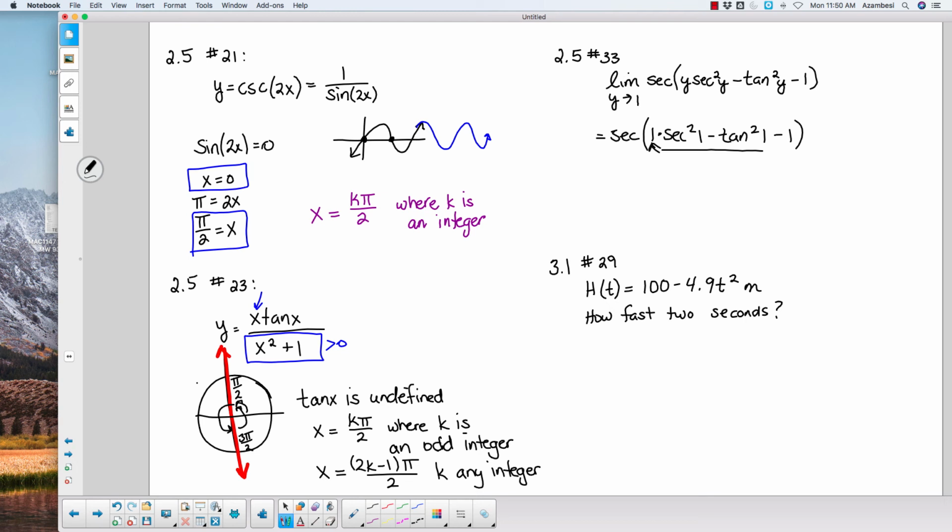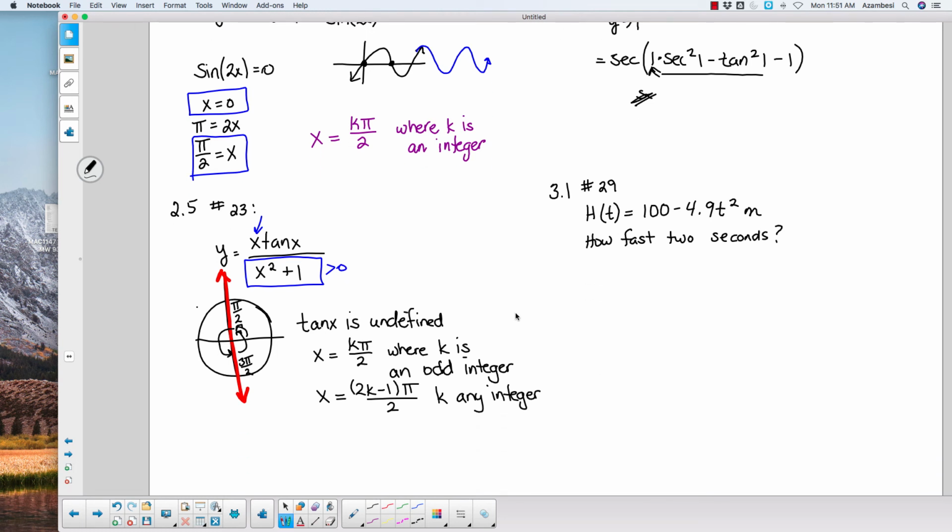So I'm thinking about the ones that have secant, and I know that secant squared theta is equal to 1 plus tangent squared theta. So if I bring that over to the other side, that means secant squared theta minus tangent squared theta is equal to 1.